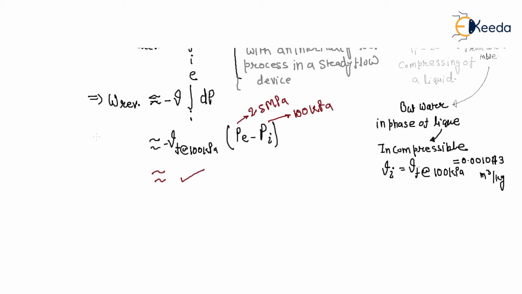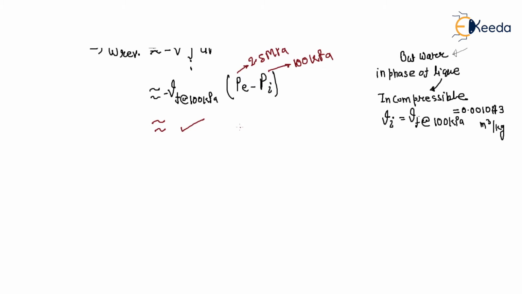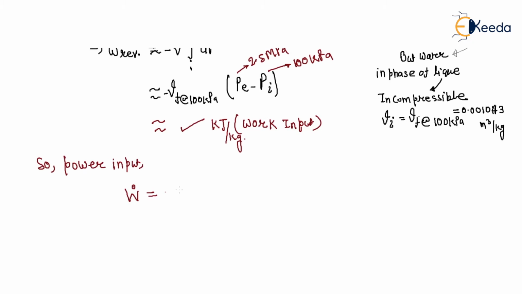Now we will find the pump power input. So this is the work input, in kilojoule per kg. For power input, W dot is equal to m dot times W reversible.